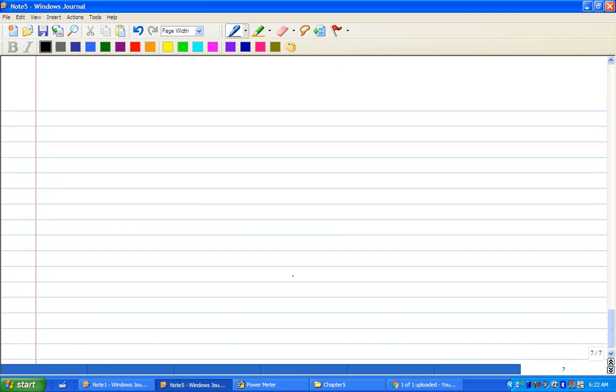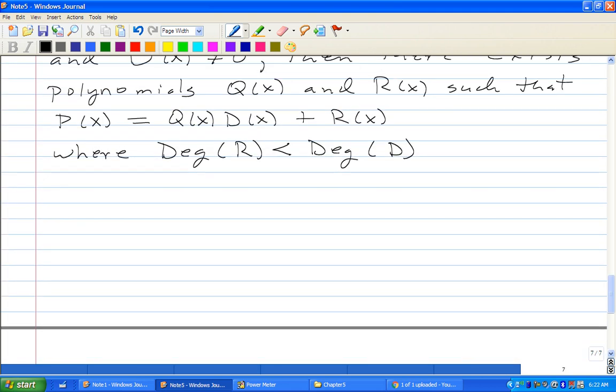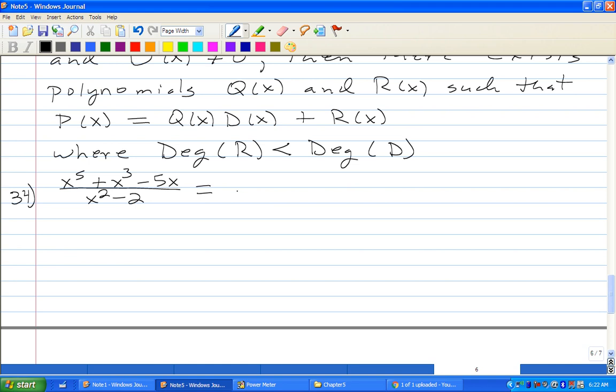So let's do some examples. Well, first off, let me do, say, problem number 34. x to the fifth plus x cubed minus 5x over x squared minus 2 is equal to x cubed plus 3x plus x over x squared minus 1, x squared minus 2.